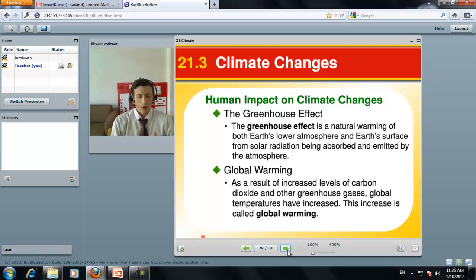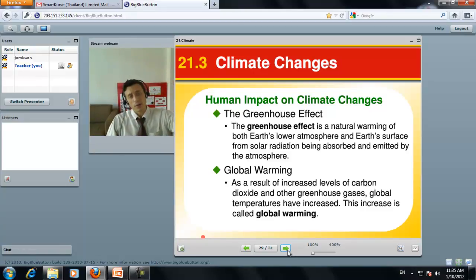Now, ultraviolet radiation, this high energy radiation, is often absorbed by a high level of atmosphere called the ozone. That ozone absorbs ultraviolet radiation.